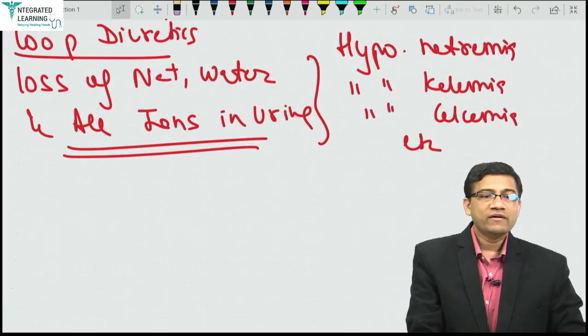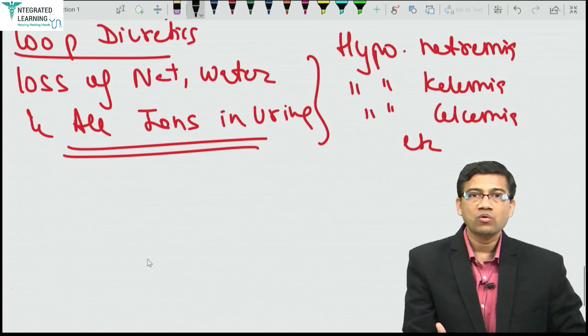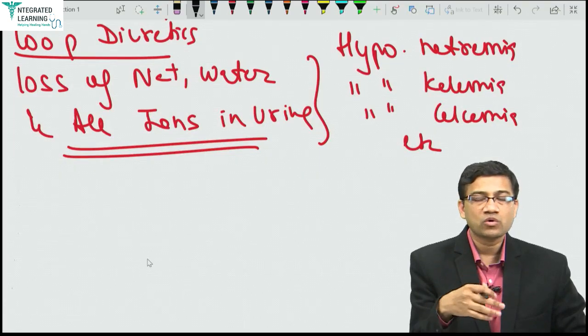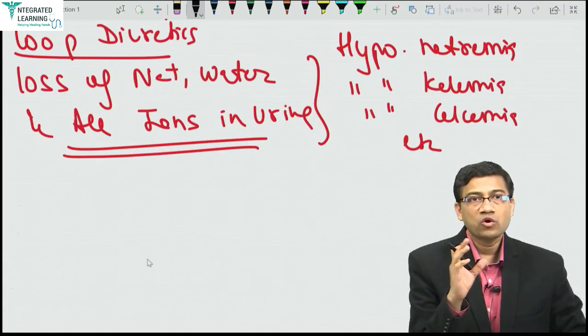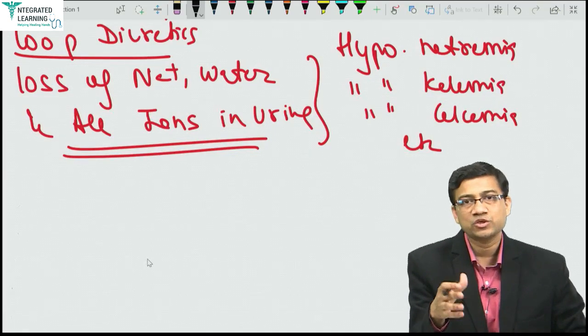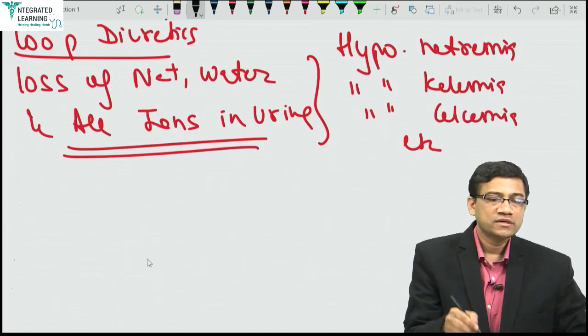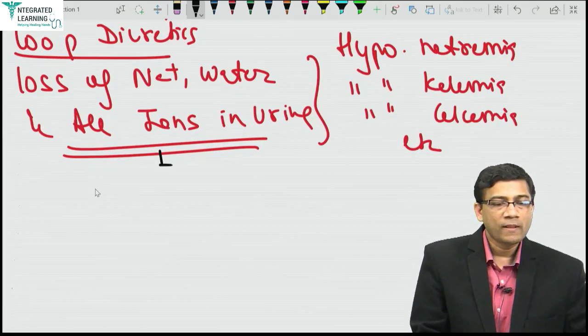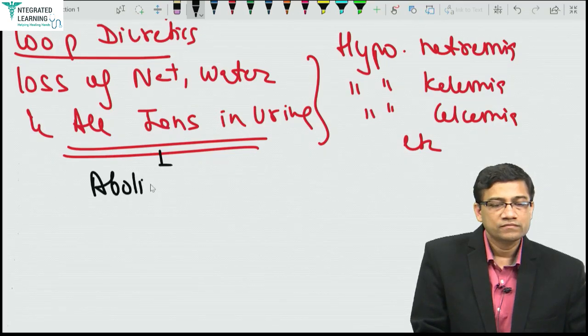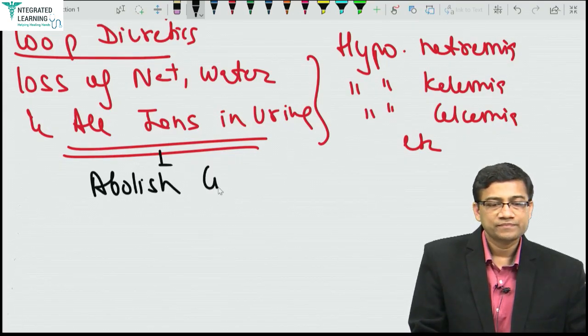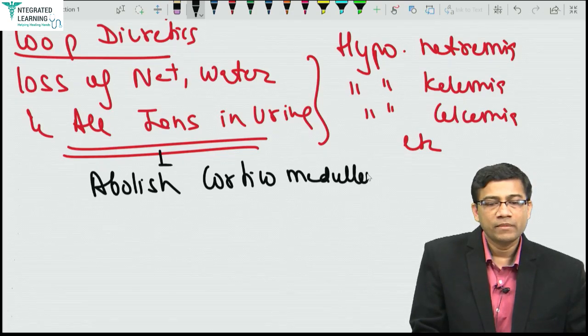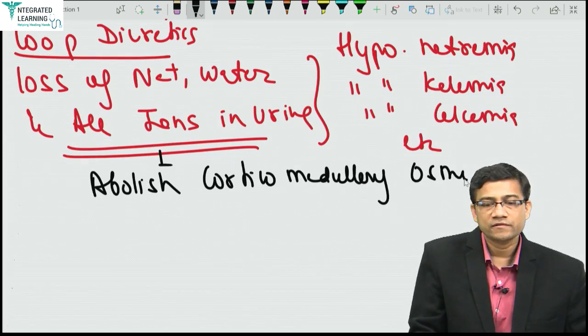Okay, and one special thing, because of this the loop of Henle won't be able to concentrate the medulla, and hence urine will also not be concentrated. So what does it cause? It abolishes the corticomedullary osmotic gradient.